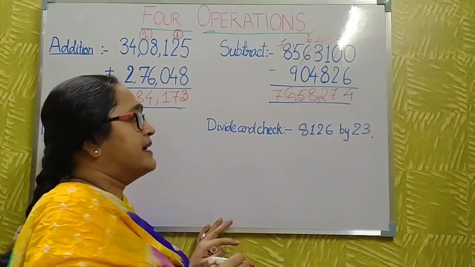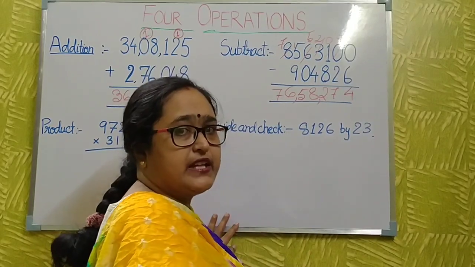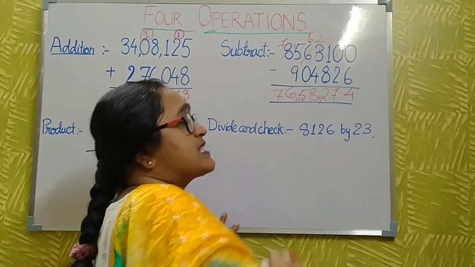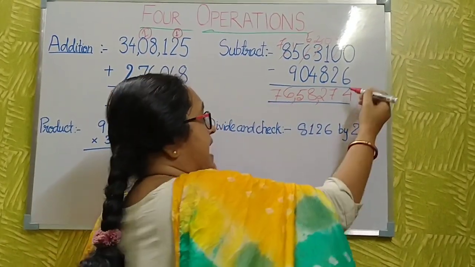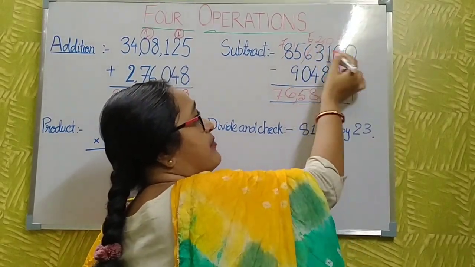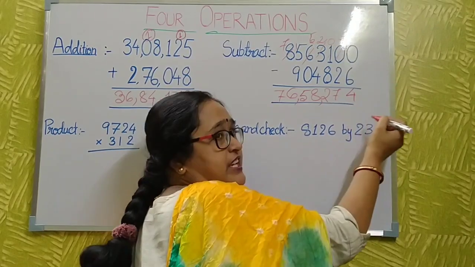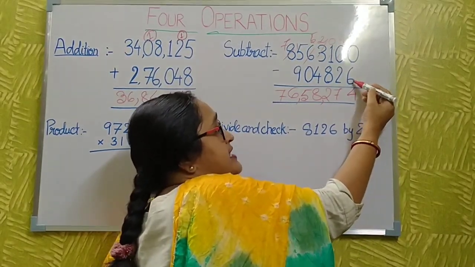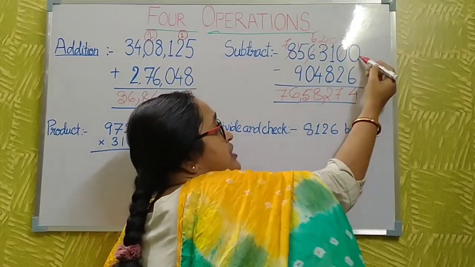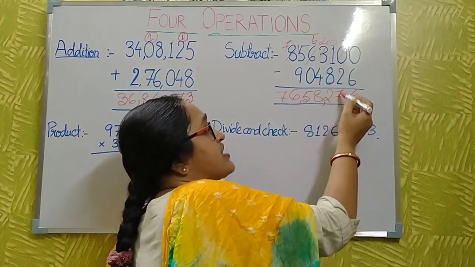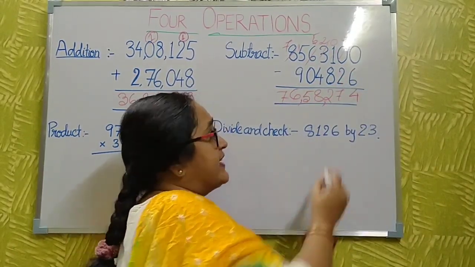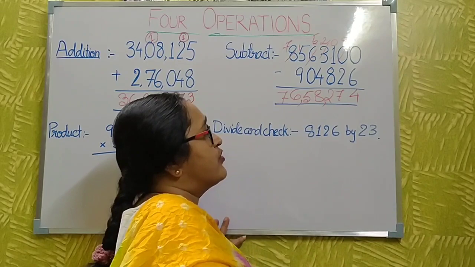Now I say one thing. You should check whether your sum is correct or incorrect. You add these two numbers and the number becomes this. This is the checking process of subtraction. 6 plus 4 is 10, 0 and 1 carry over. And 7 plus 2 is 9, plus 1, 10 also. 0 here and 1 carry over.